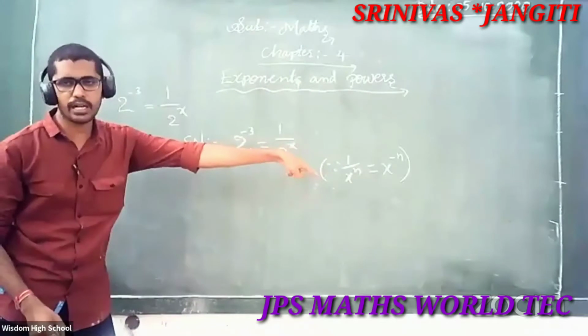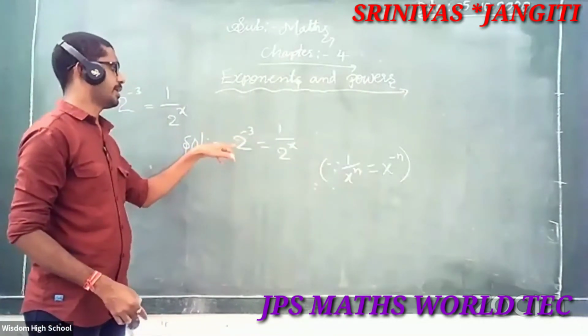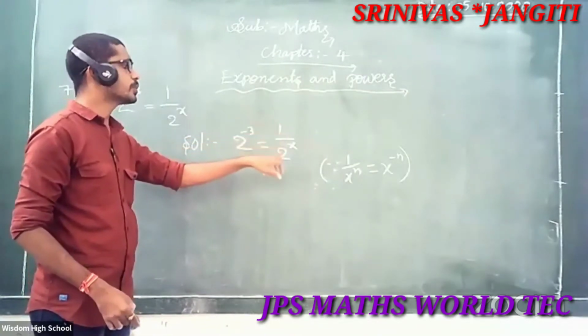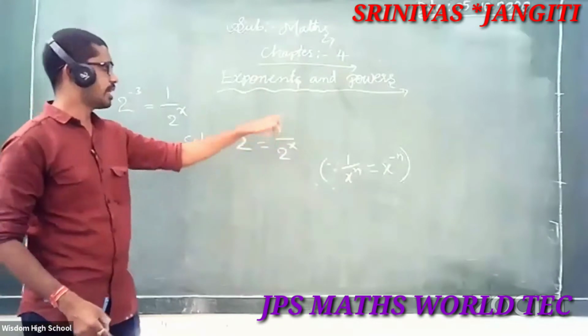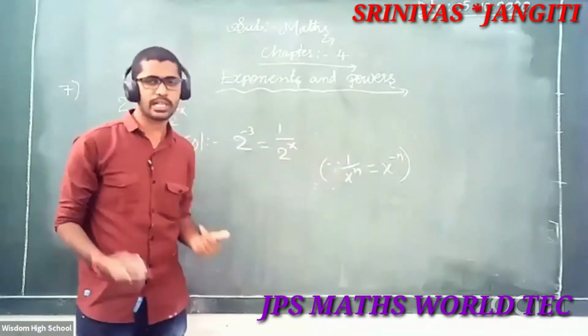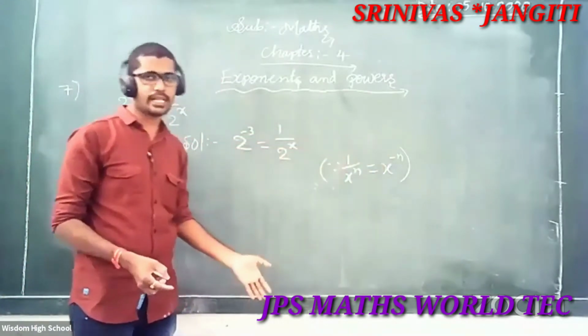Did you understand how? In the same manner, the given problem is 2 to the power of minus 3 is equal to 1 by 2 to the power of x. Then 1 by 2 to the power of x looks like 1 by x to the power of n, so you convert it to x to the power of minus n.